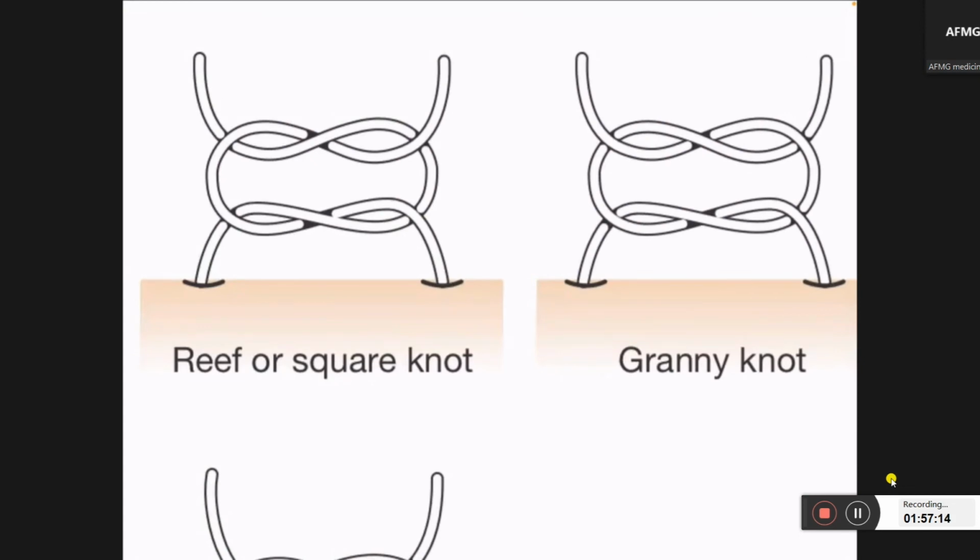In a reef knot or a square knot, this whole loop of a suture is behind these two sutures. This whole loop of a suture is in front of these two sutures.